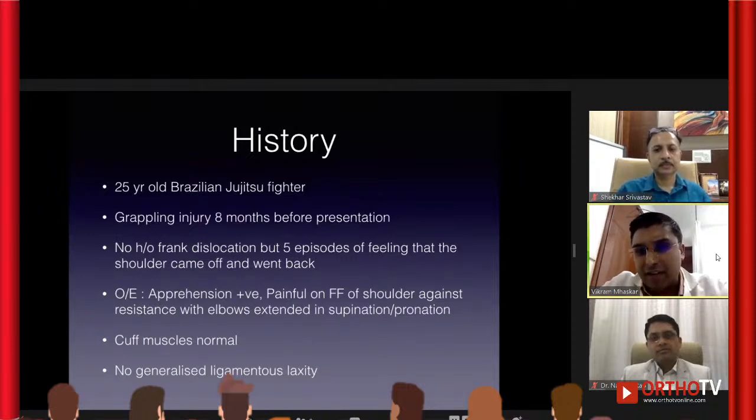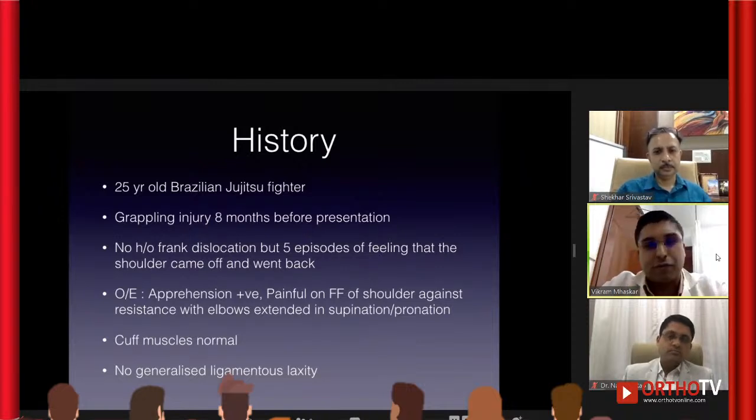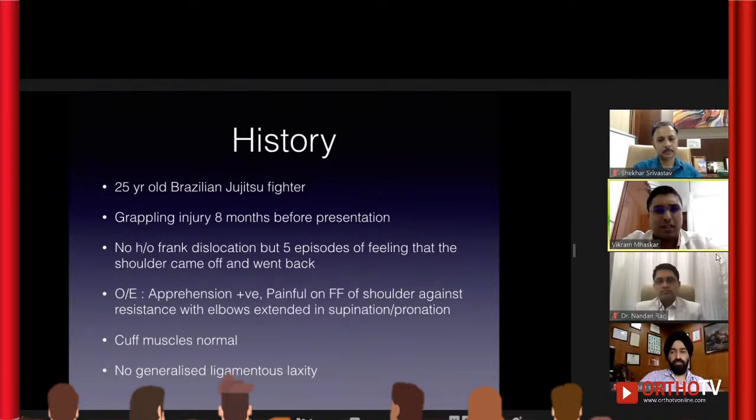He did not have a frank dislocation, but about 5 episodes when he was grappling after which he felt that the shoulder wasn't okay. So I used my bias to interpret it as some kind of instability in the shoulder. He said he felt like his shoulder went out and came in, but he never gave any episode of a frank dislocation. On examination, there was apprehension, but I could attribute the external rotation pain to some element of pain happening in the shoulder.